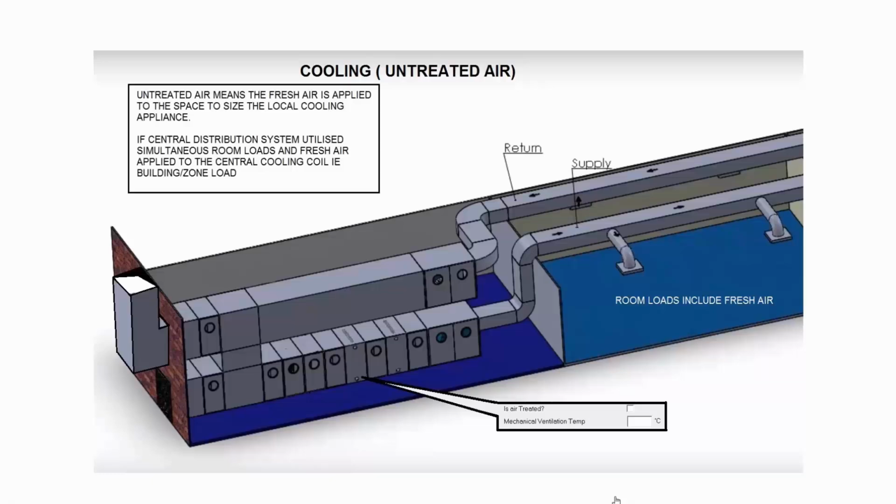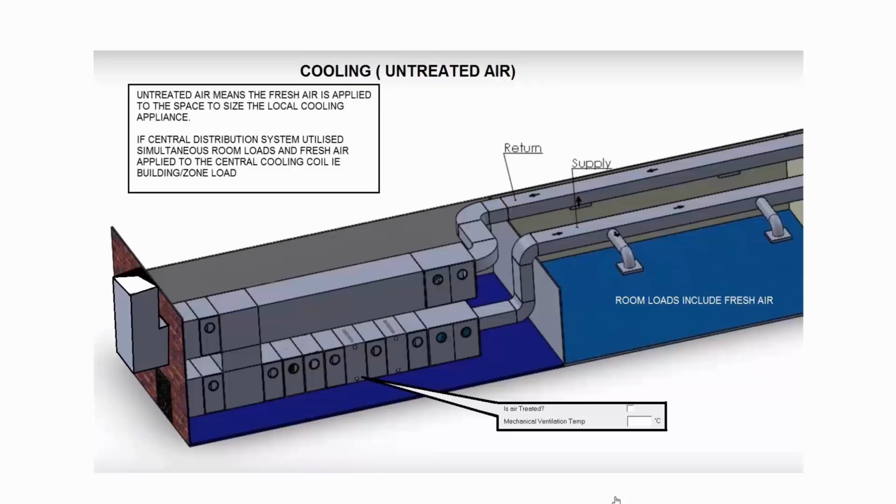So you are relying on the air handling unit to provide the complete duty on the space. So by entering is air treated no, that's going to take the outside temperature of -4, it's going to look at the various room spaces, and then it's going to look at the simultaneous requirements on the air handling unit. It says cooling here, but the same applies for heating.